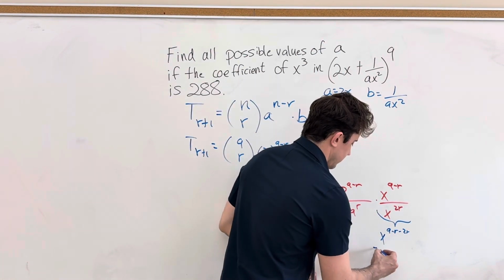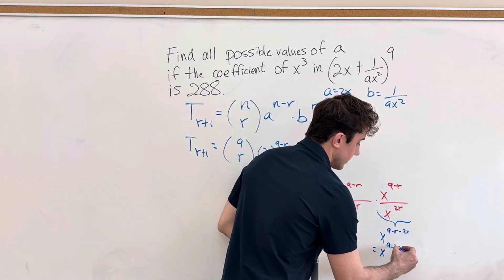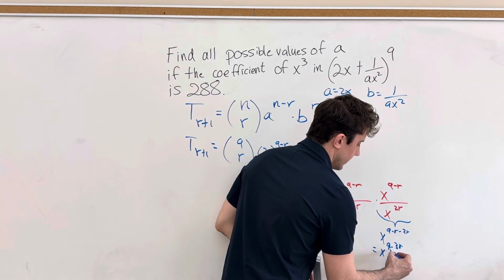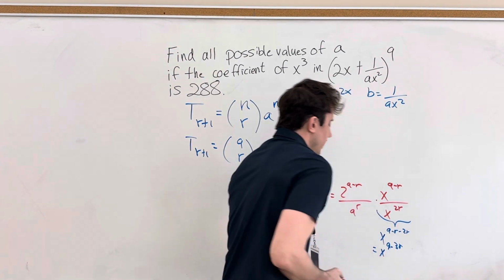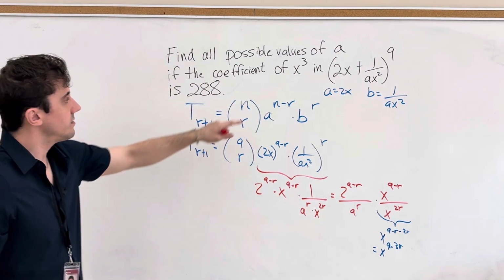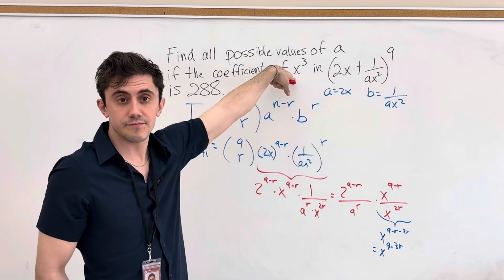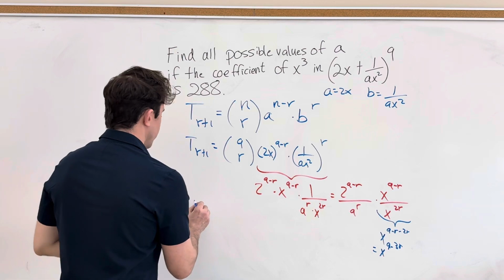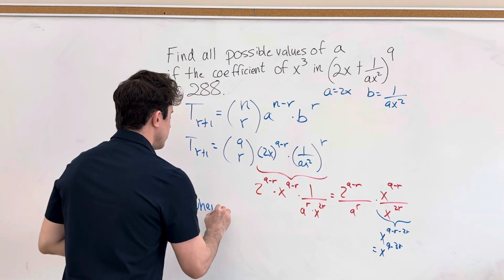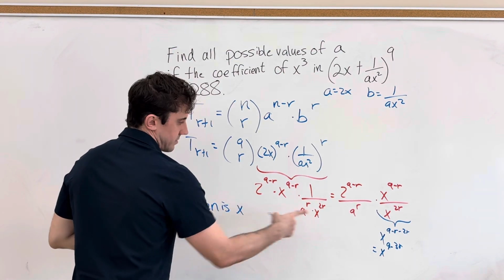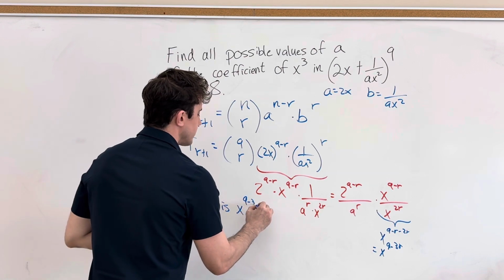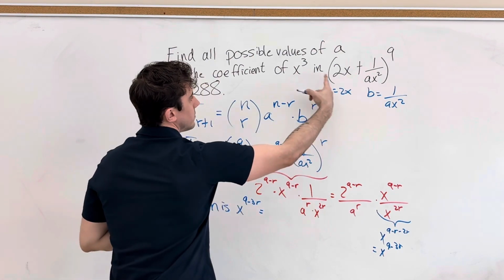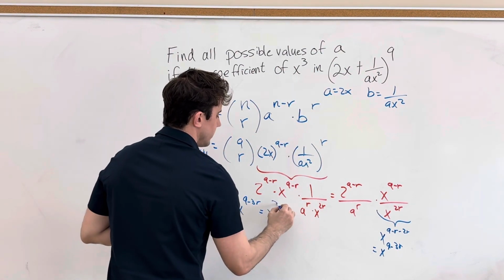And that means that is x to the 9 minus 3r. We want to know when that is equal to x to the power of 3, right? And so I'll bring that over here. When is x to the power of 9 minus 3r equal to x cubed?